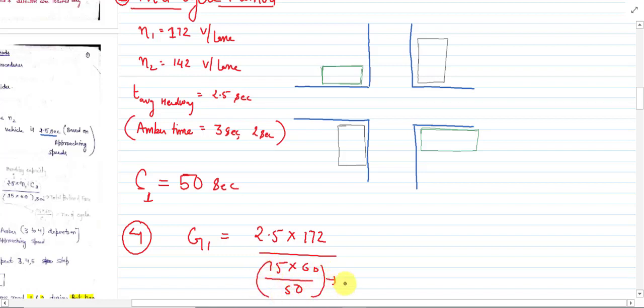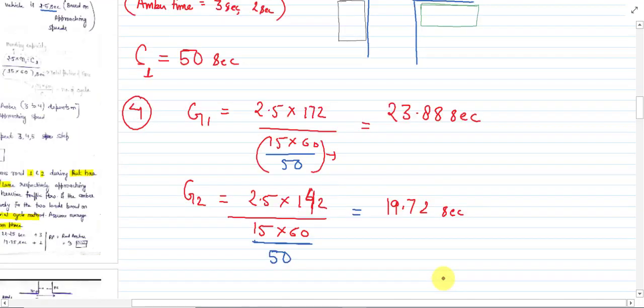So this is the number of cycles in 15 minutes. After solving this with 50 second cycle length, we will get G1 equal to 23.88 seconds.